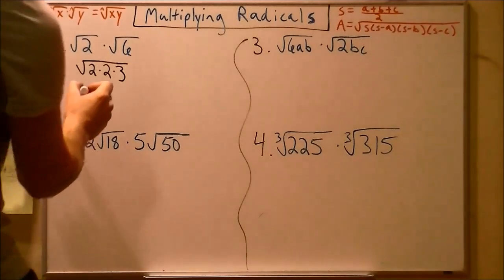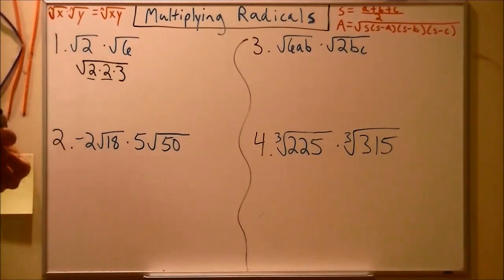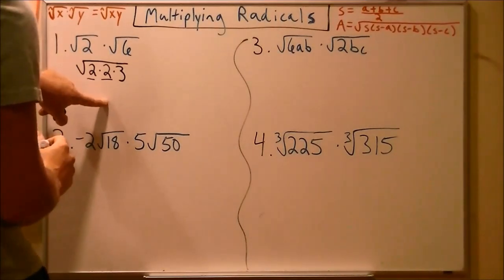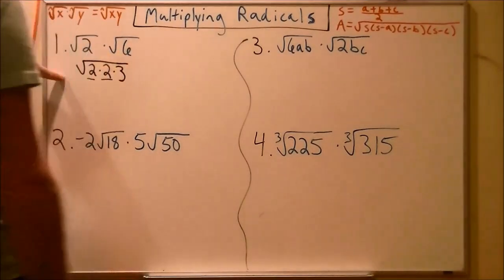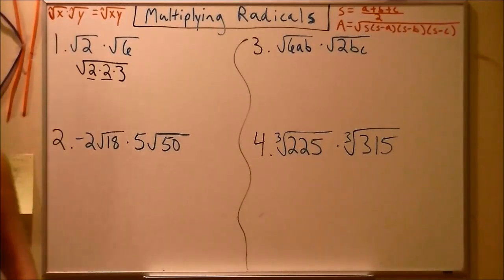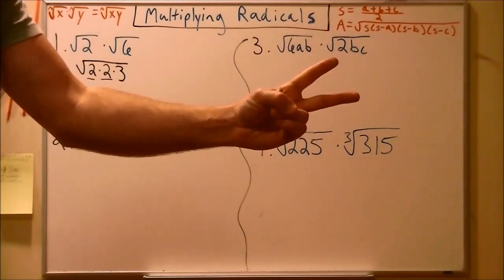Remember, if I get 2 of the same under a square root symbol, I can pull one of those numbers out and cancel them both out. And here's the math reason why. Because 2 times 2 is 4. And what's the square root of 4? It's 2.